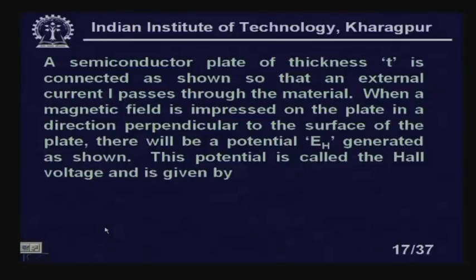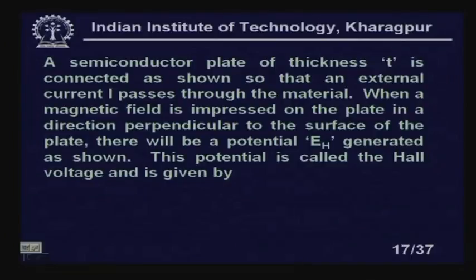For a semiconductor plate, you will find that the Hall coefficient or Hall voltage is more predominant in the case of a semiconductor. Though all metals are supposed to have some Hall voltage, in the case of a semiconductor it is more predominant. A semiconductor plate of thickness T is connected as shown, so that an external current I passes through the material, due to some battery voltage.